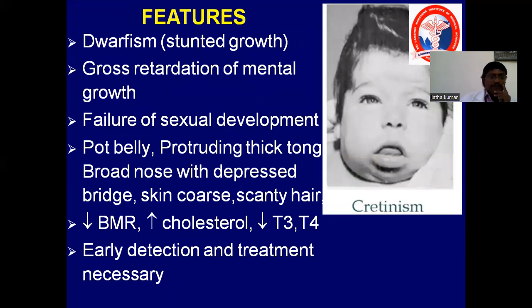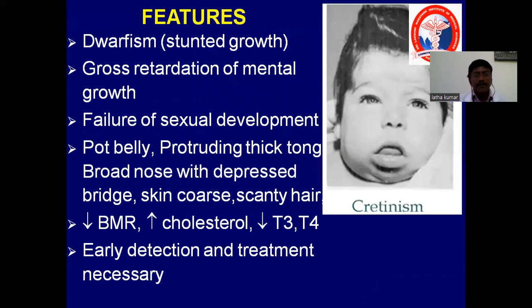Features of cretinism: dwarfism, which means stunted growth. In pituitary dwarfism also there will be stunted growth. In thyroid dwarfism also stunted growth. But the difference is pituitary dwarf people will be mentally normal. Here the cretinism person is short and also has stunted mental growth. Not only stunted growth, mentally also they are affected.